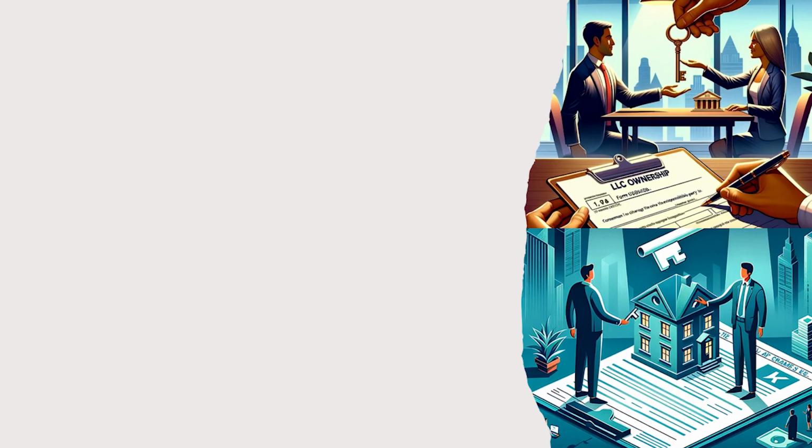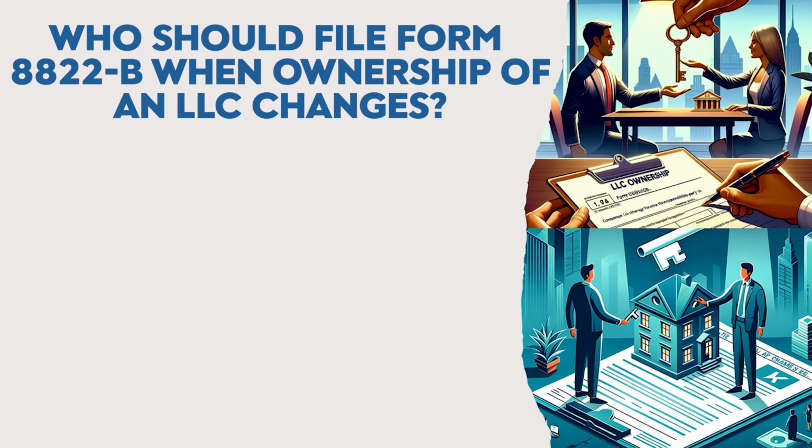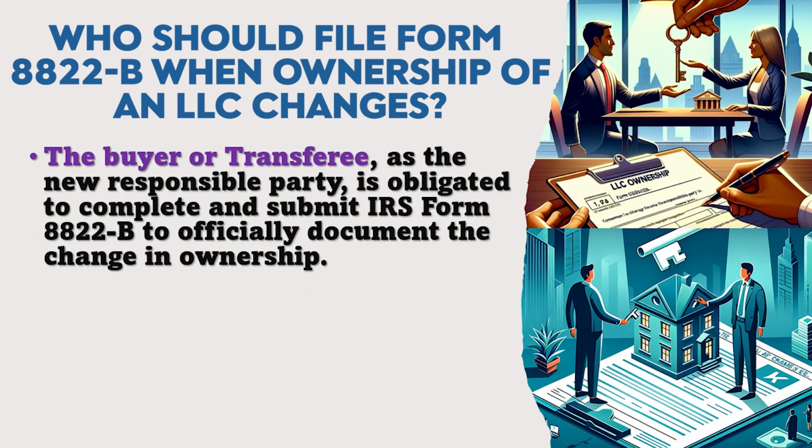Now, another question I get asked a lot is business owners asking me, who should file Form 8822B when ownership of an LLC or any entity changes? Here is what I have experienced in my practice. The buyer or the transferee, the one who is coming into your company and taking over the ownership of the company, is the new responsible party.